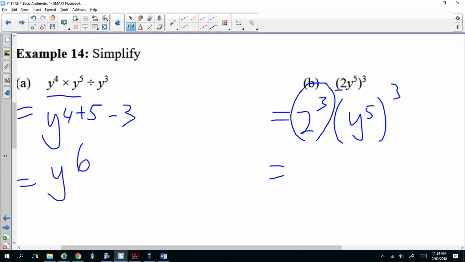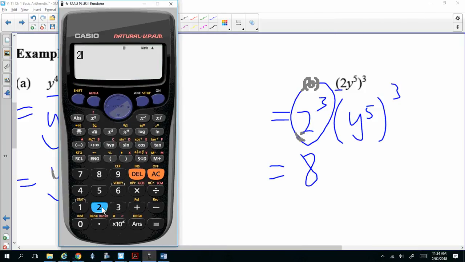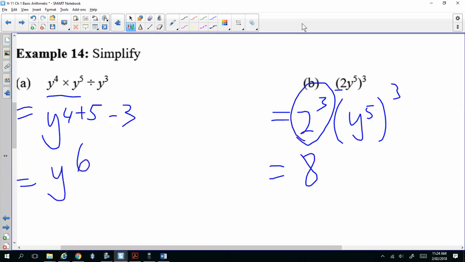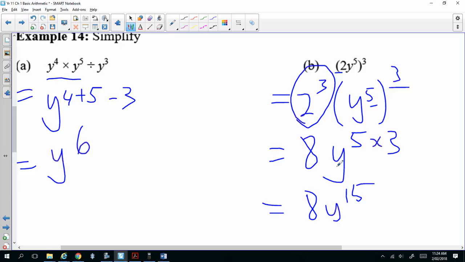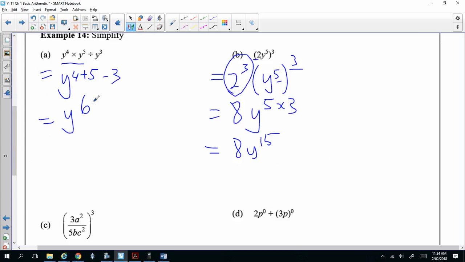You can also do that on a calculator: press 2, that button, 3 gives you 8. For the other one, you need to multiply the indices because of the index law: 5 times 3. So the answer is 8y to the power of 15. Make sure you show this working. You need to show working in your test and your exam and of course your homework. All good. Let's do the next one.